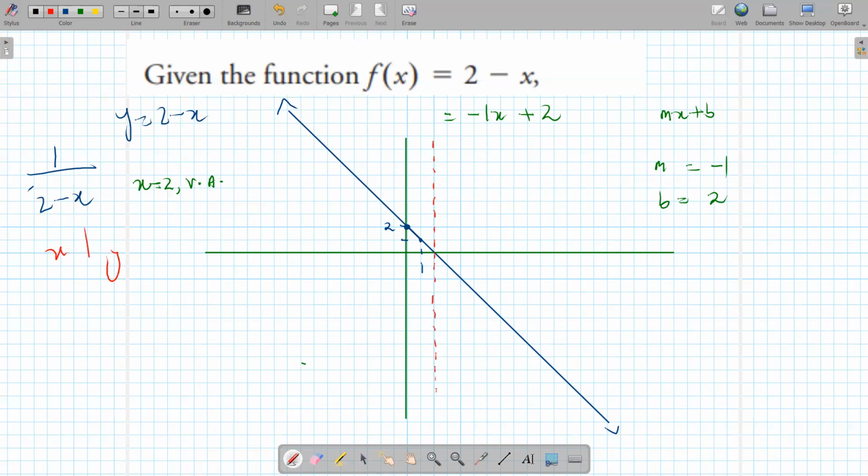Again, now for the rest of them, I'm going to just draw like a mini table of values. When x is 1, what's the y value for this function? It's 1, exactly. What about when x is, let's see where this is going, -100?